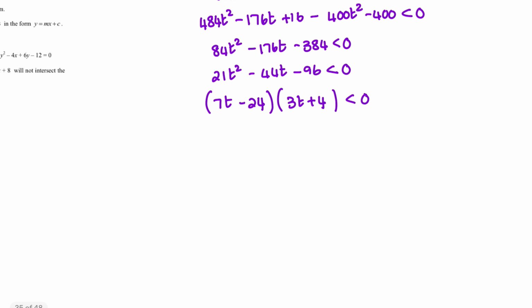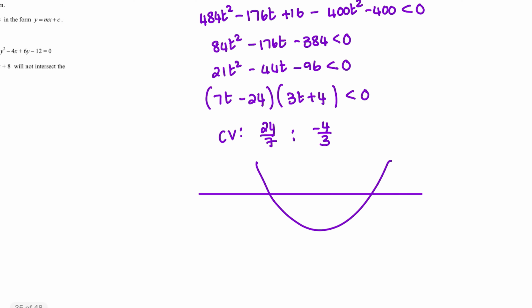But you can always use your calculator to find the critical values of 24 over 7 and negative 4 over 3. So if I draw a number line with a parabola which represents the t's, I have a critical value of negative 4 over 3 and 24 over 7.